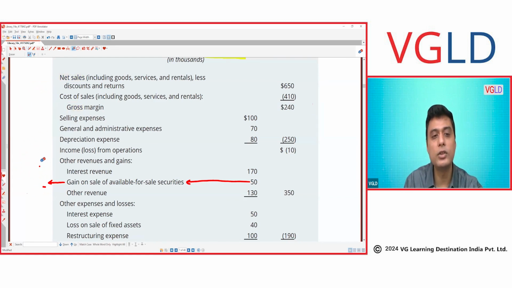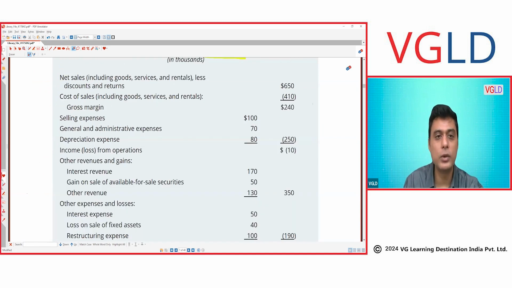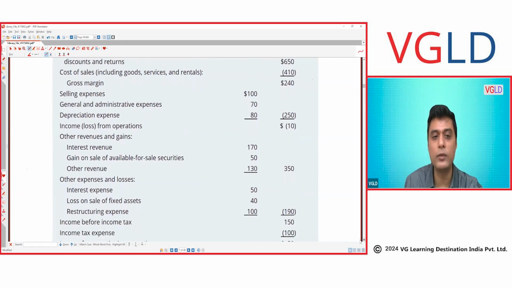And gains and losses only fall under the net concept. And of course, your net income is your net concept. Another type of question that they ask you is tax related. Is it gross of tax or net of tax?